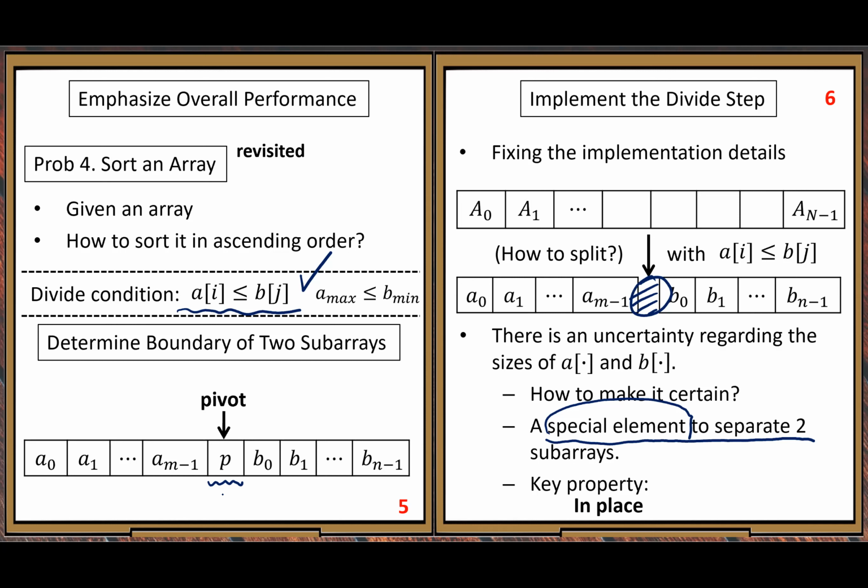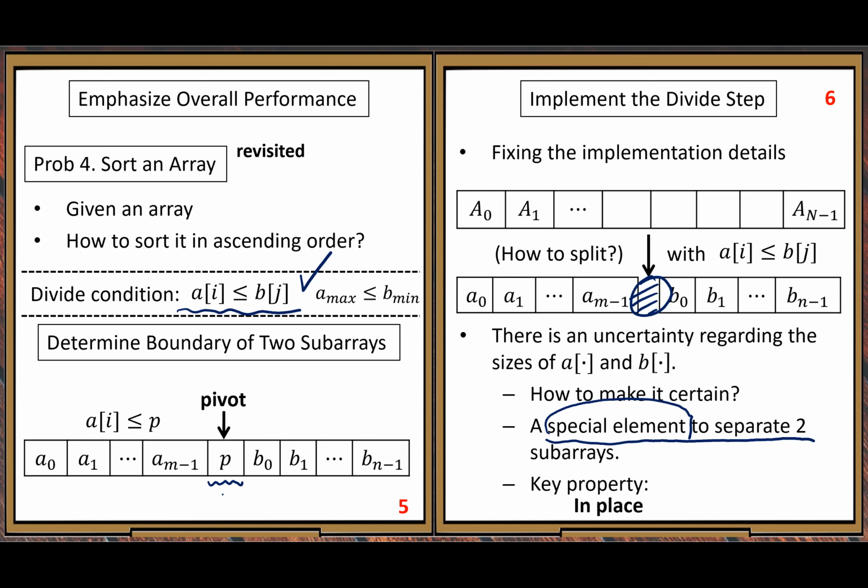Then we can look at the left subarray of this pivot element and the right subarray of this pivot element. Its left subarray has this property: A of I is less than or equal to the P value.